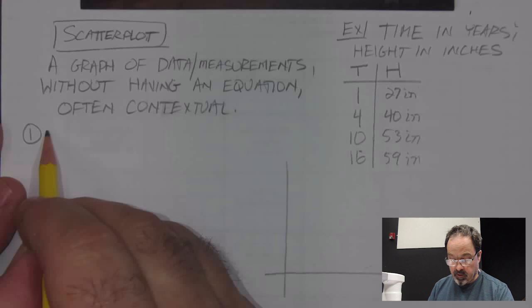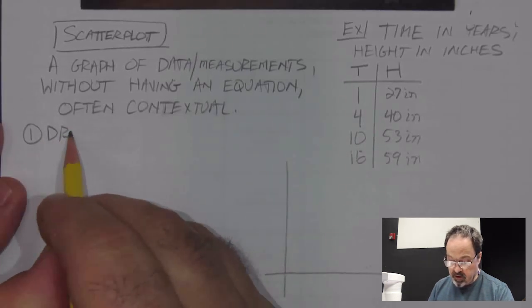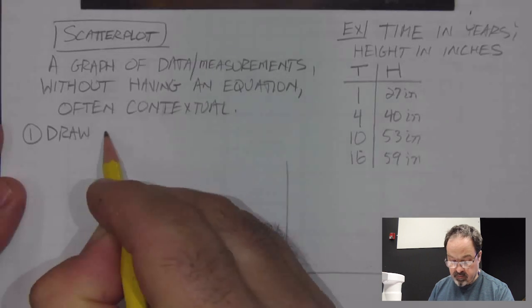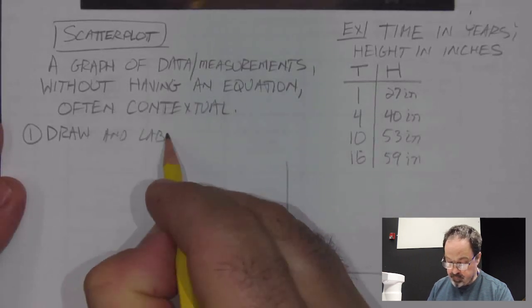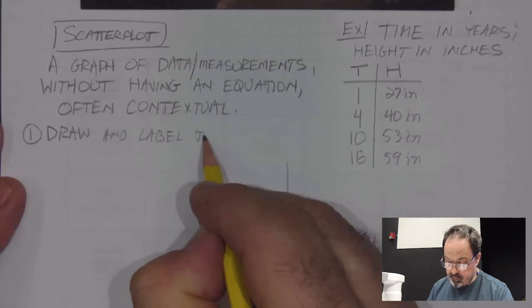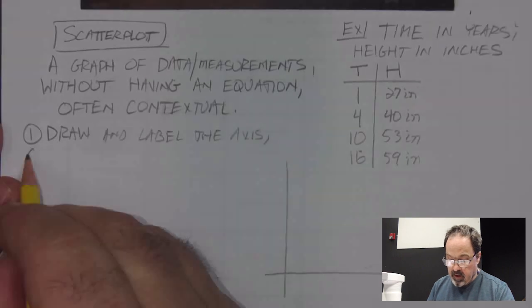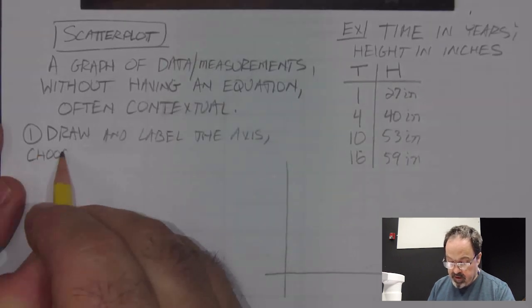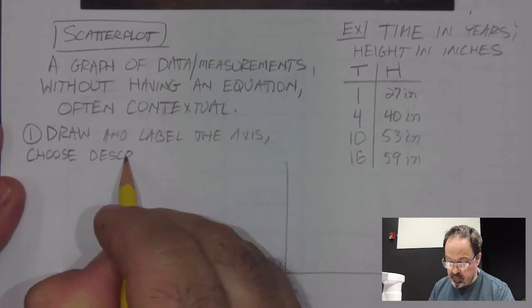And the first thing that we're going to do when we make our graph, step number 1, is we're going to draw and label the axes. And we want to make sure to get in the habit of choosing descriptive variables.